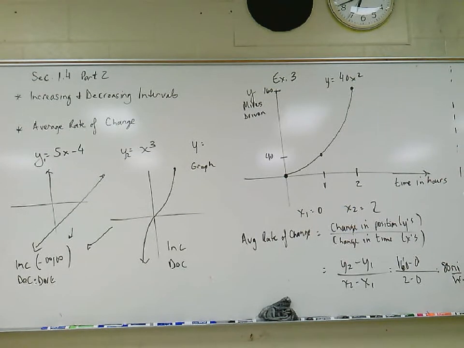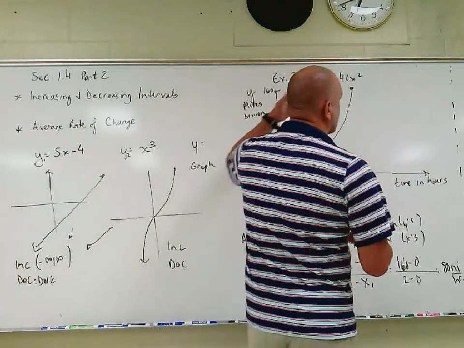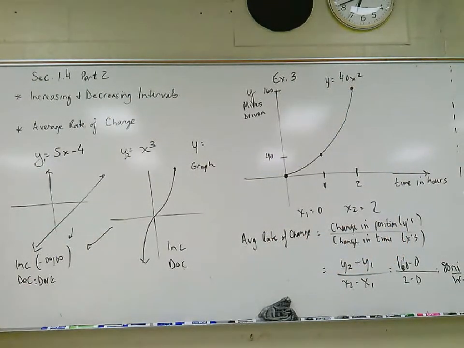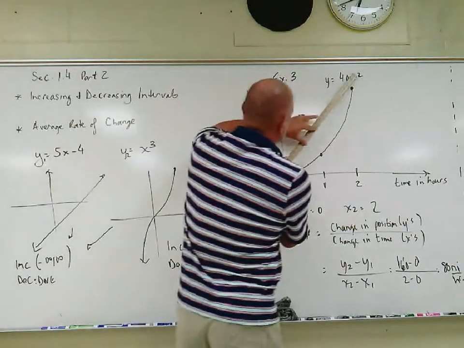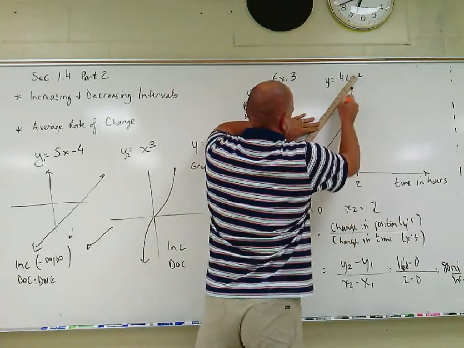Okay, that means this is the slope of this line right here. So just to get an understanding of what we're calculating, had I connected the 2 points like this, if the car was doing this, this was the path.